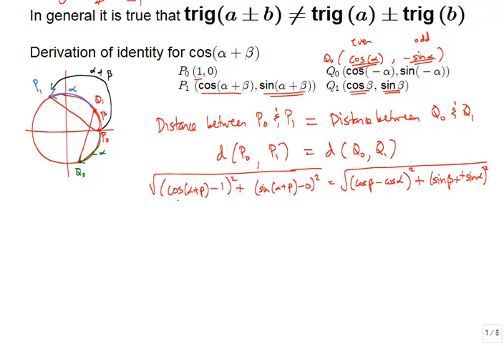Okay, so let's start with this quantity squared right here. Remember, you have to FOIL. So I would take this term right here and square it. And then I would multiply it times a minus 1, and I'd get 2 of those. So minus 2 cosine of alpha plus beta. And then I'd get a minus 1 times a minus 1, which is a plus 1.